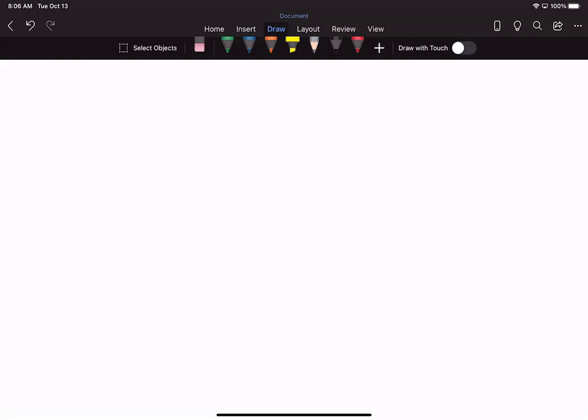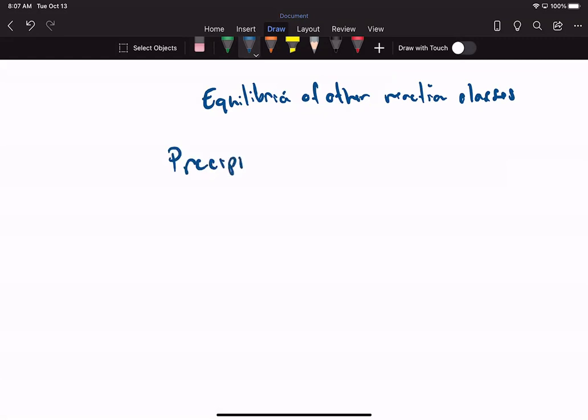Okay, so we have equilibria of, I'll just put other reaction classes. So the other type, instead of acids and bases, is that we can talk about precipitation and dissolution.